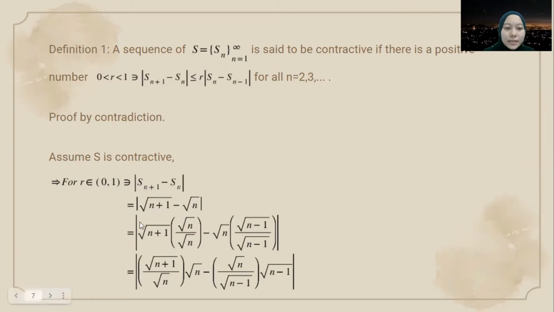Next, this is equal to root n plus 1 times root n over root n minus root n times root n minus 1 over root n minus 1. Here we switch places for each conjugate to maintain the root. And then we group it to be root n plus 1 over root n times root n minus root n over root n minus 1 times root n minus 1 in modulus.